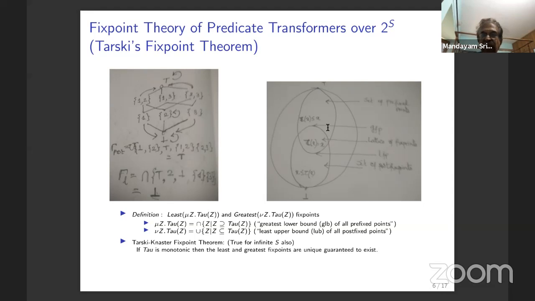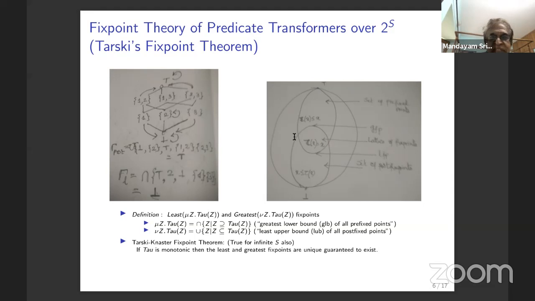The GLB of the set of all prefix points is the greatest fixed point. And the least upper bound of all the post-fixed points is the least fixed point.